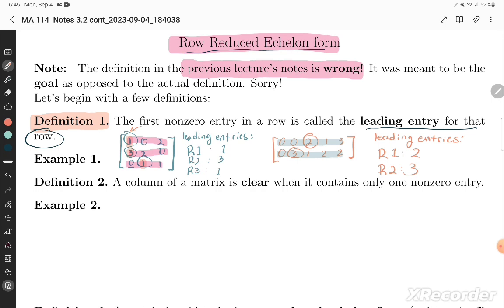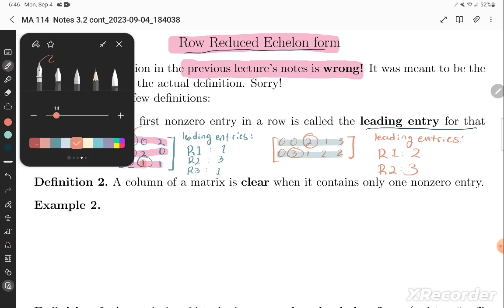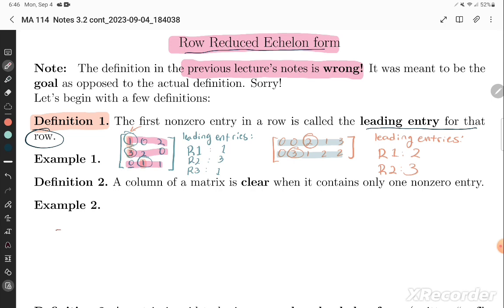I guess I'll draw that example down here. So sometimes, let's say, I've got this matrix 0, 0, 0, 0, 0, 1, 2, 2, and then 1, 0, 0, 2. So I don't have a leading entry for row 1.